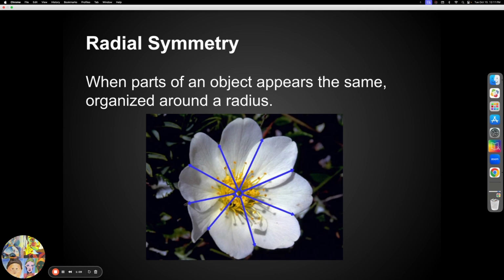So this flower is a great example. You could draw a line down the middle and one half would look like the other half, but more accurately, if you drew a line out from the center in the radius, each petal looks the same.